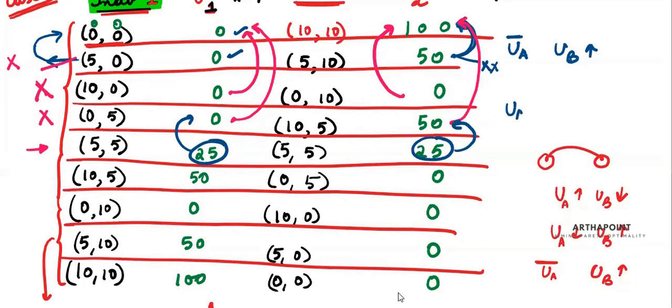So utility of individual A is decreasing. Utility of individual B is increasing.